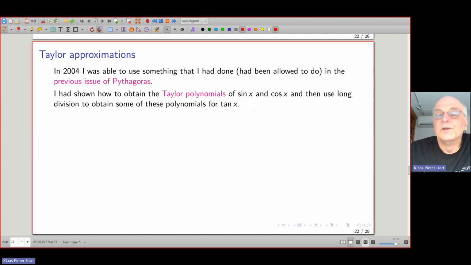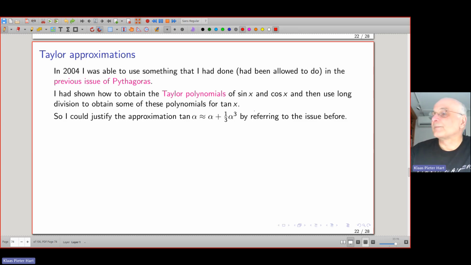When you push a calculator button for the sine of x, chances are that those polynomials are being used to approximate the values of the sine and the cosine and other functions that you want. And once I gave the polynomials of the sine and the cosine, you can use long division for polynomials to create Taylor polynomials for the tangent function.